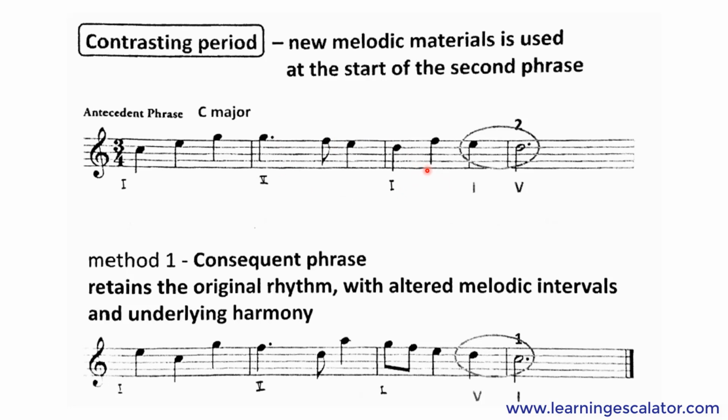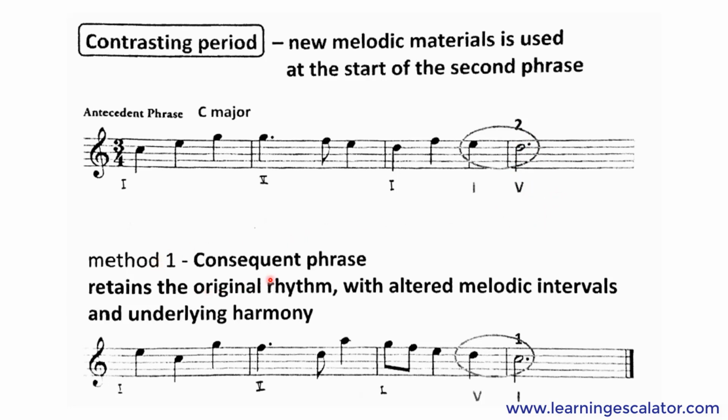And then it's the tonic again. And then it ends on the dominant. So this sounds like this. It ends on the dominant, which is an unstable scale degree, so it sounds unfinished.